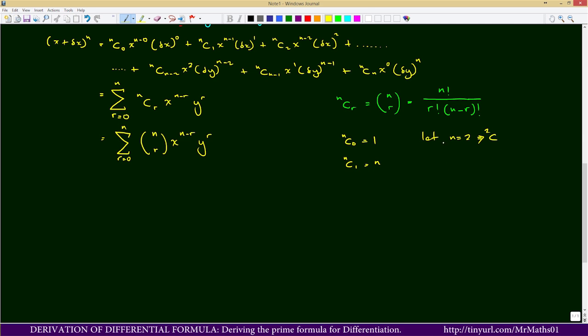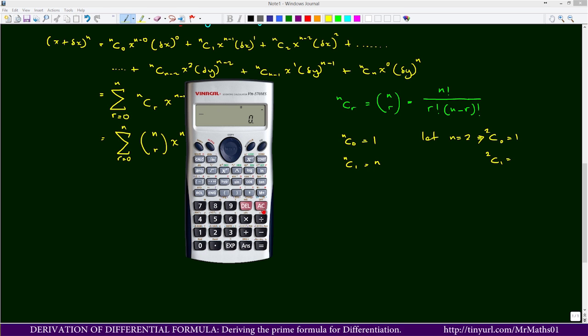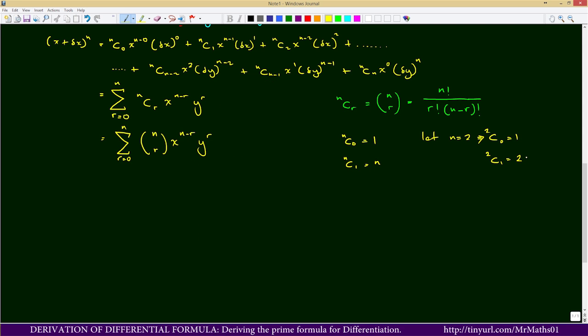It's supposed to be 2C0, so that is equal to 1. So what is 2C1? 2C1, that is equal to 2. So now it's proven. I'm not going to do the third coefficient because what matters to me is the first and second.